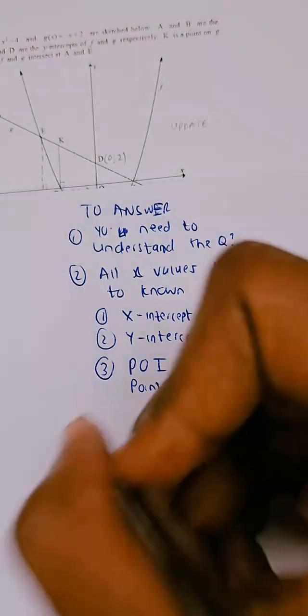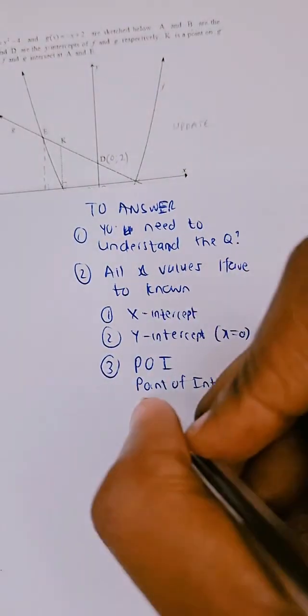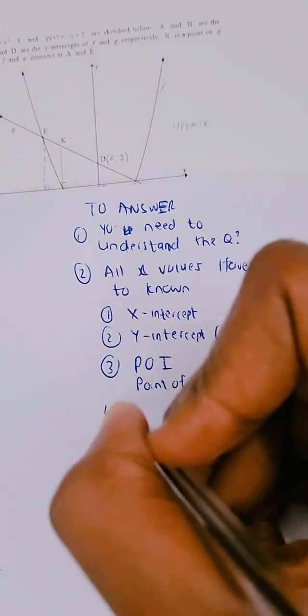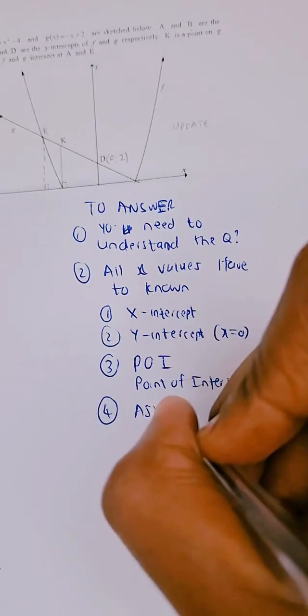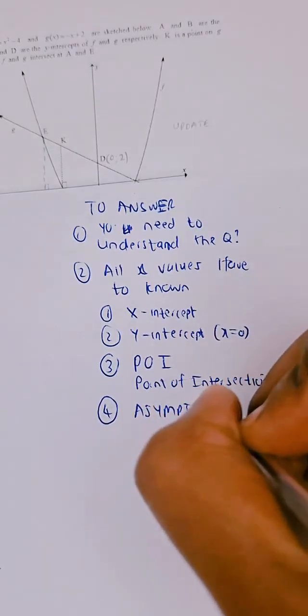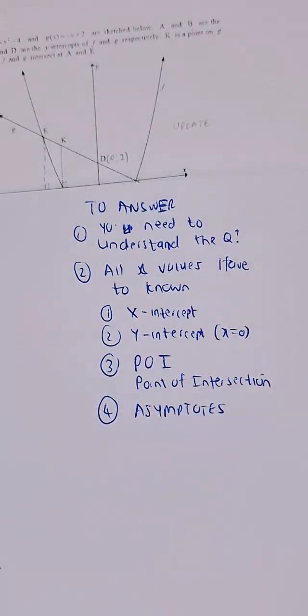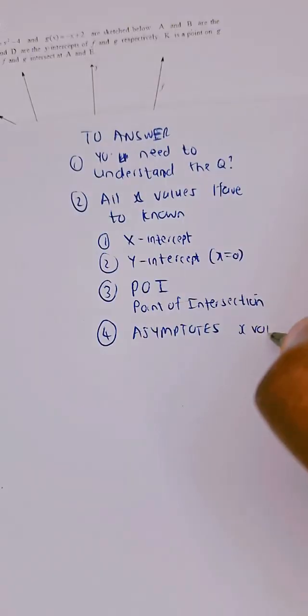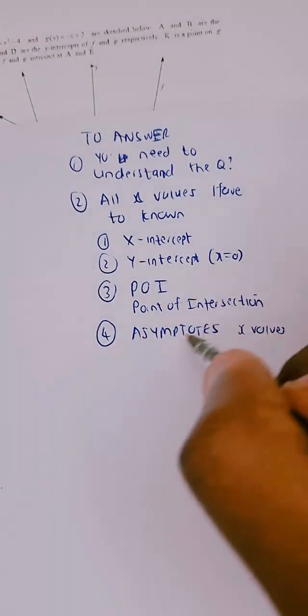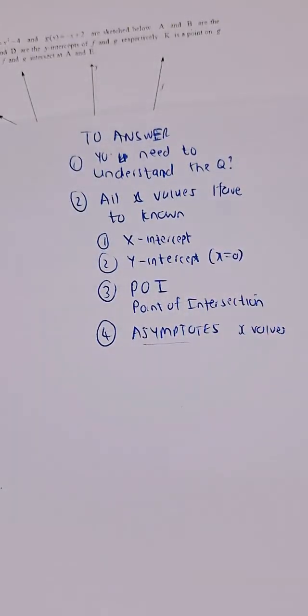Okay, and then lastly, what also do we need to know? If we were dealing with your exponential and your hyperbola function, you would also need to know the x values that relate to the asymptotes.